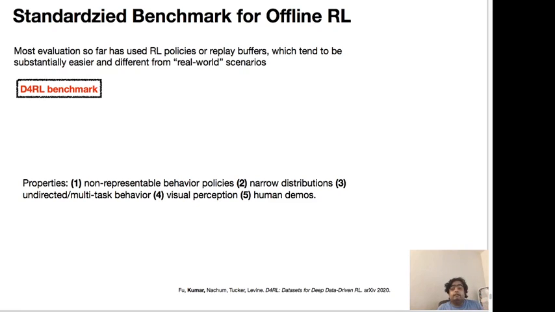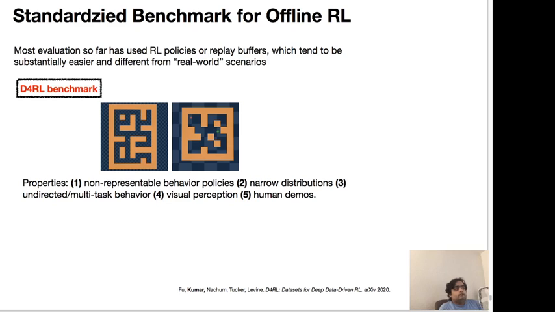You expect to see undirected or multitask behavior, meaning that the behavior policy is not trying to optimize the reward function that the offline RL problem is supposed to optimize. And then you also want visual perception, because images can be extremely hard, as well as human demonstrations, because the set of actions that humans take can be somewhat harder to model, because the human might take very non-Markovian actions, or they might do mental planning in their mind and take certain actions which might be hard for an RL algorithm to infer exactly what to do out of.